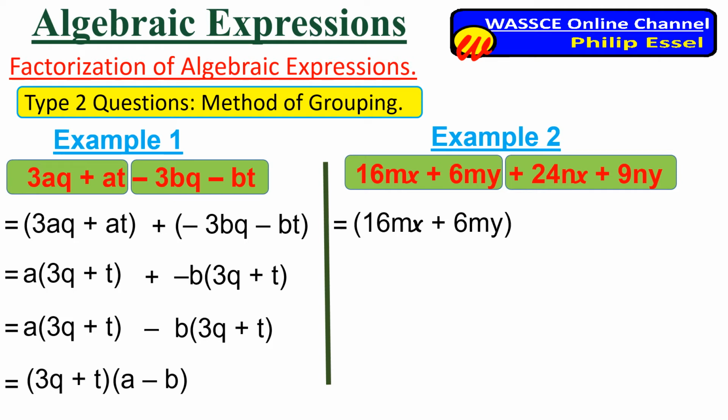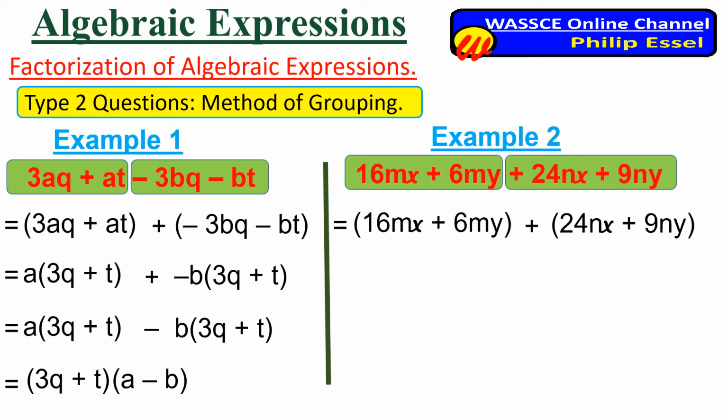We'll do the same for the second group, and that would give us 24nx plus 9ny, all in one bracket. Then in between the two brackets, we would put our plus sign. Remember, we always need to put the plus sign in between the two brackets.